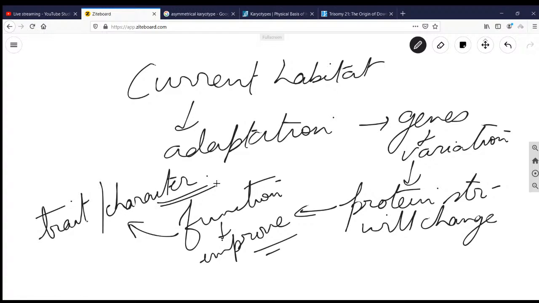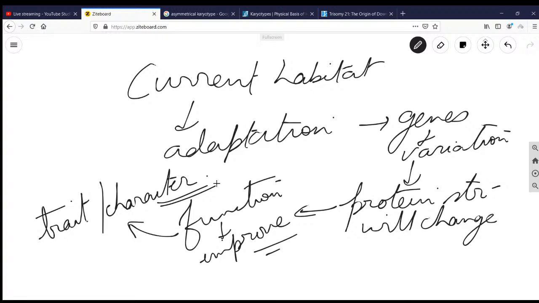Suppose you need to sweat less in order to conserve body fluid. If you are living in a very hot area, if you sweat profusely, you will dehydrate. So there the proteins, your Na-K ATPase, shall generate a lesser amount of energy, because that would cause more body heat production.